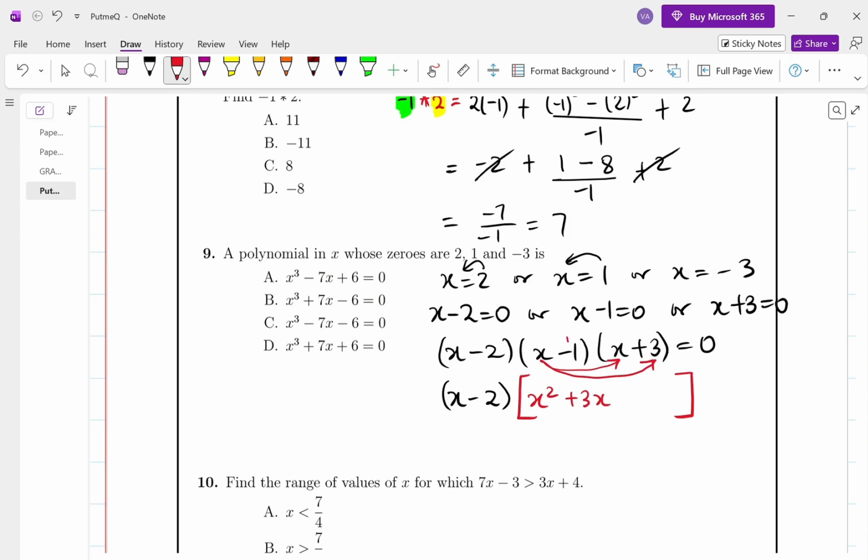Then minus 1 times x, minus 1x, minus 1 times 3, minus 3. And that will be equal to 0. So this is x take away 2 into x squared, 3x minus 1x is plus 2x, and then take away 3 equal to 0. At the last part for the expansion, I think I'm going to just write it here.